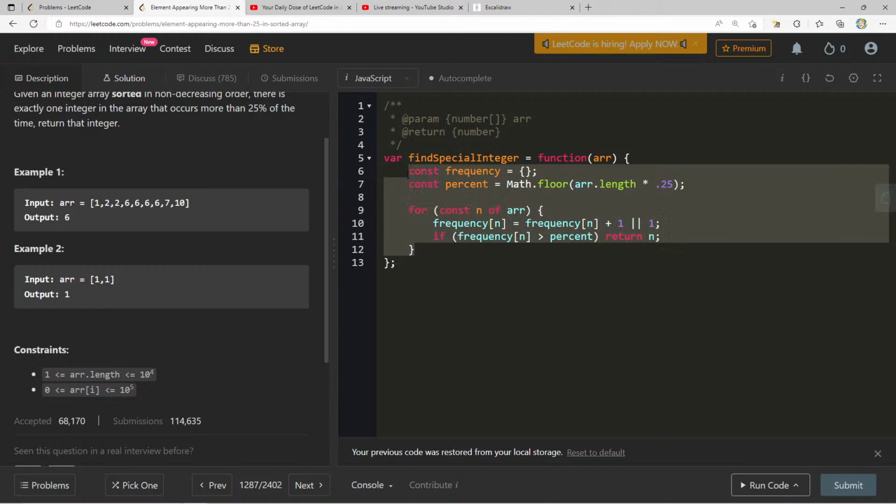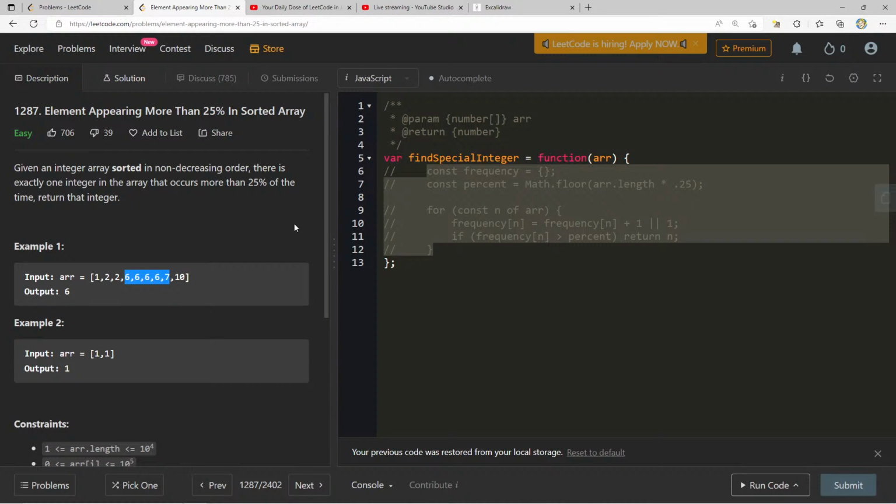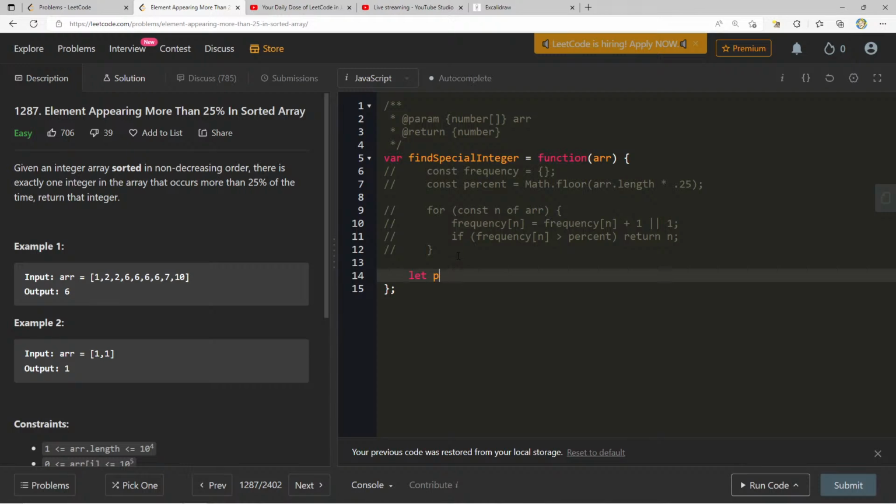Okay, check this out. Because this is just going to be a string of numbers, right? Because it's in sorted order. So if I say let previous equals -1, and let count equals 0.